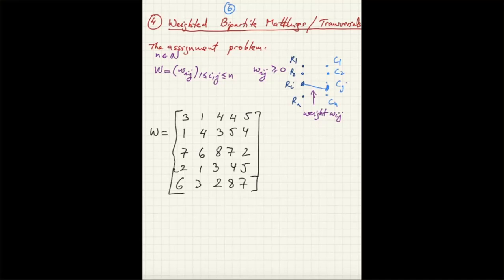So in this case, we don't have any zero entries. So you have all the edges between the 5 rows and the 5 columns, and their weights are given in this matrix. Now, what is the problem?